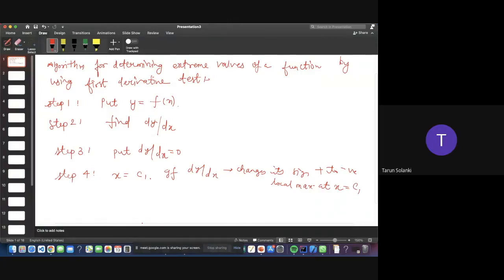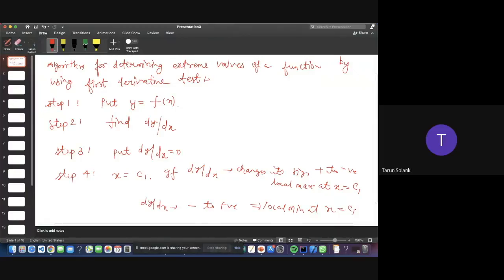And if dy by dx changes from negative to positive, then there is a local minimum at x equals c1.